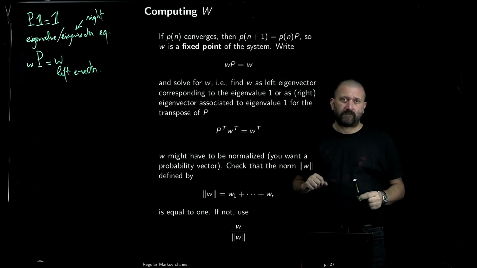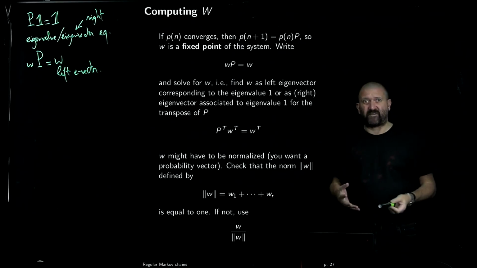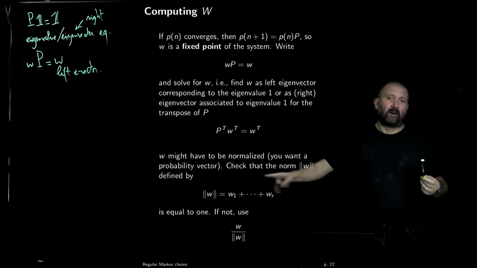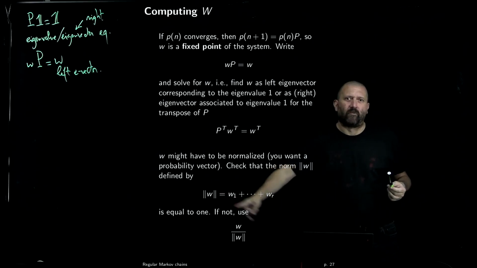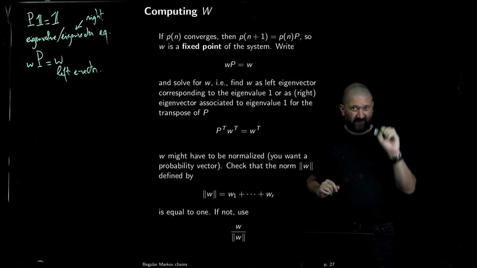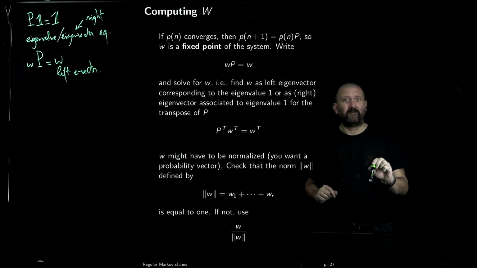Okay. So I compute this eigenvector. Once I have it, I check that it has norm, norm in terms of that norm here. Okay, the sum of the entries must be 1 because it is a probability vector.